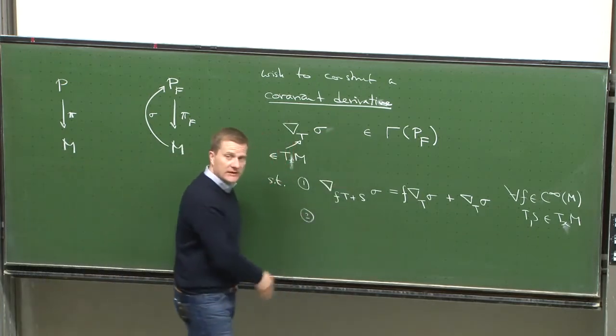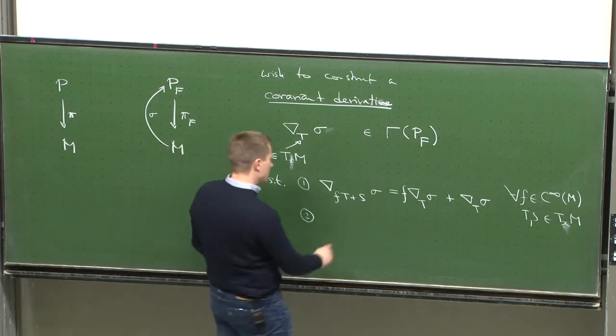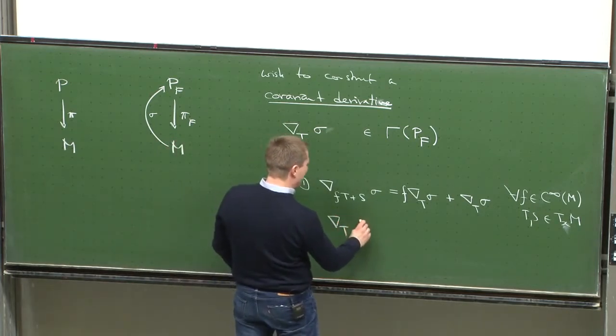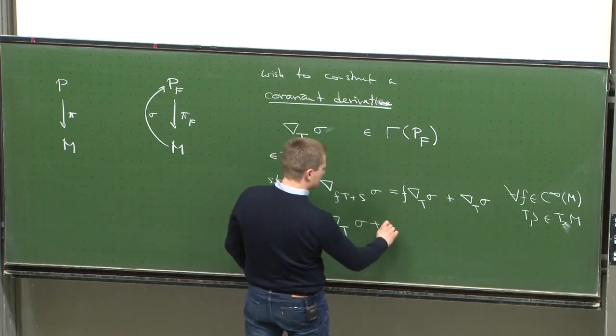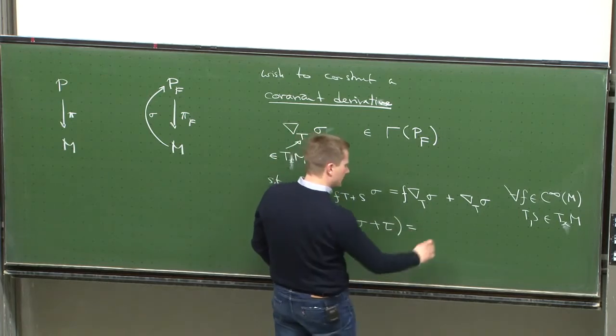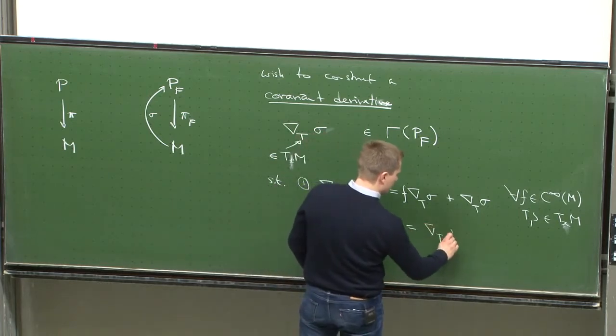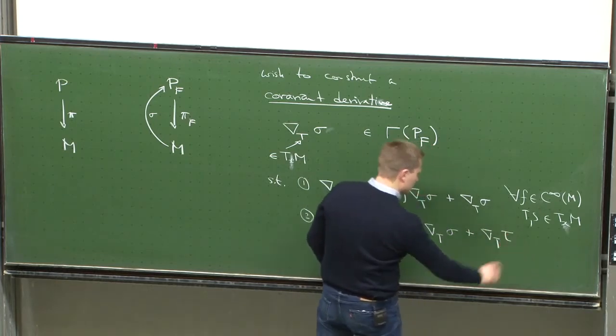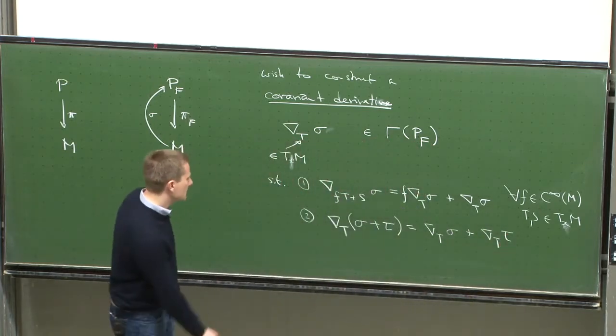So this is just formulating what we're aiming at. Then the covariant derivative should be merely additive in the section. So if I have a section sigma and I have a section tau and I add them, I wish this to be the sum of the covariant derivatives of the two. Okay?